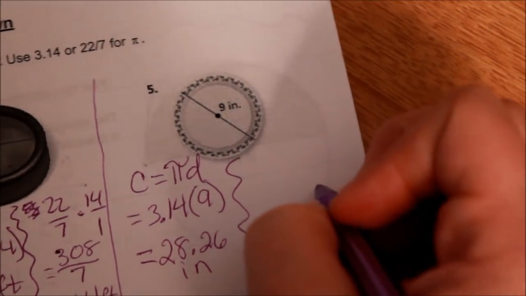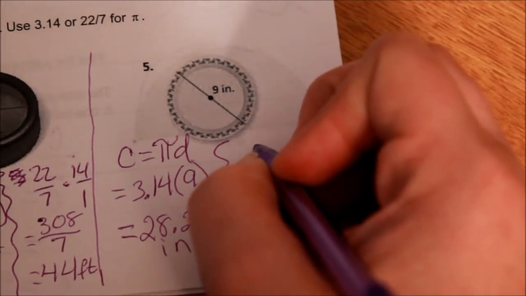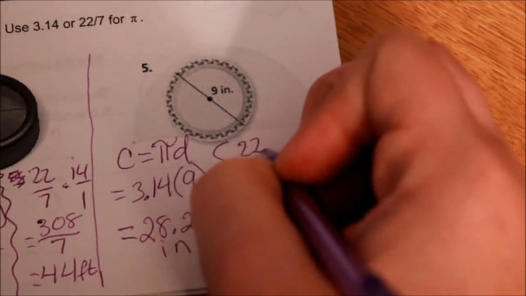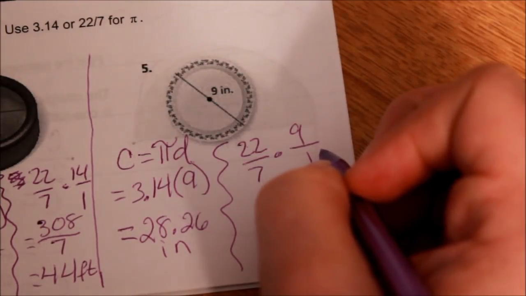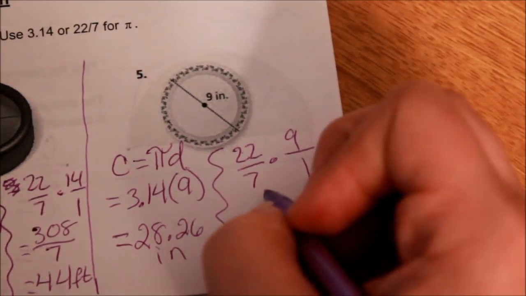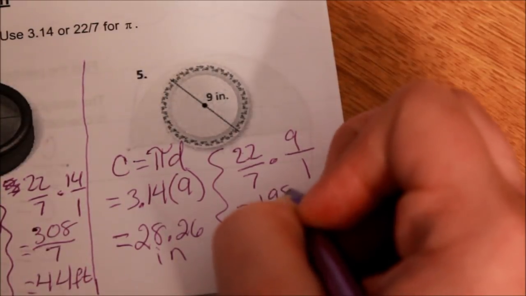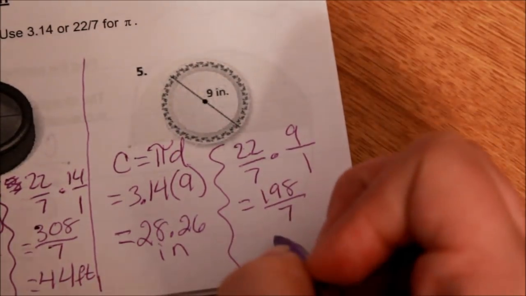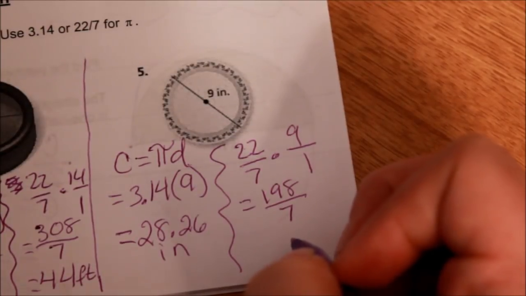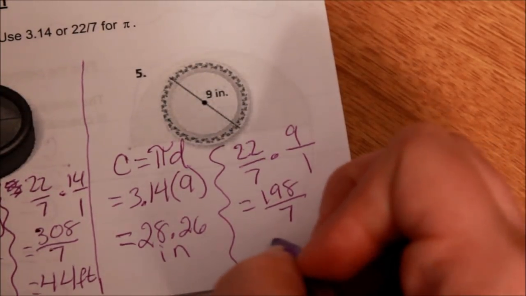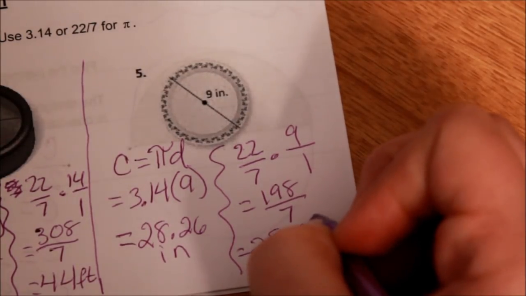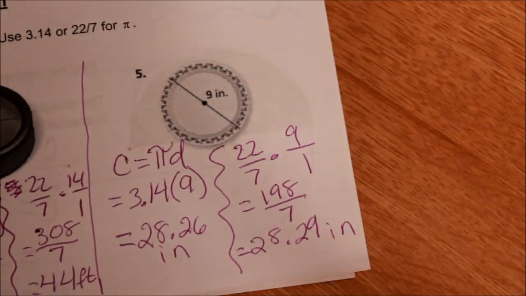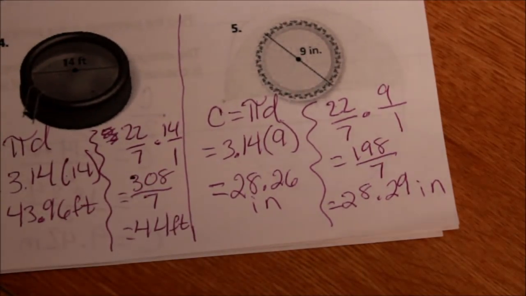If you chose to use the fraction instead, you should have 22 divided by 7 times 9 over 1. 22 times 9 is 198, divided by 7 times 1, which is 7. Now if I divide 198 by 7, I would get 28.29 inches. Once again, that is super close. 28.26 and 28.29 are really close.